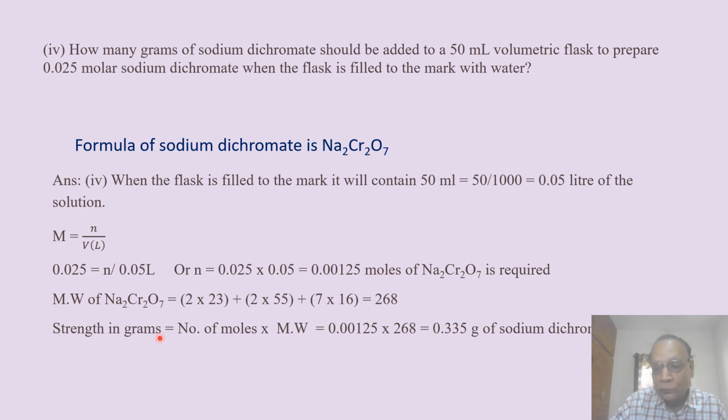Now strength in grams, which is required as it has been asked how many grams, is equal to number of moles into molecular weight. The number of moles is this, as calculated here. The molecular weight of sodium dichromate is 268, and the product of the two is 0.335 grams of sodium dichromate.